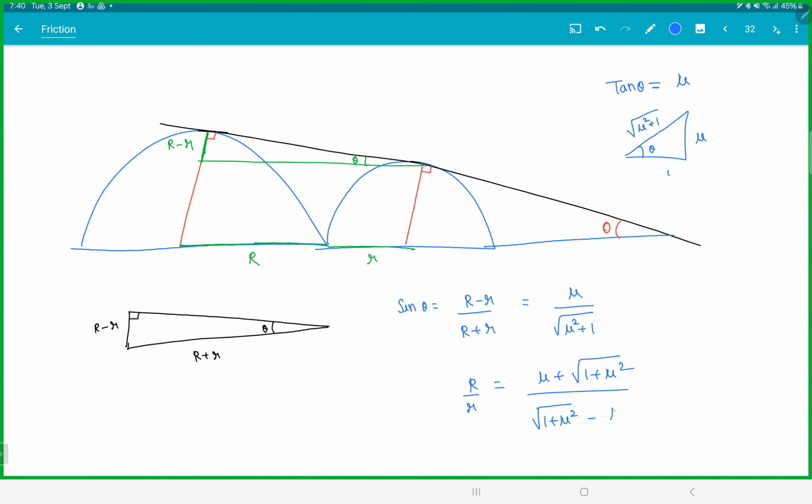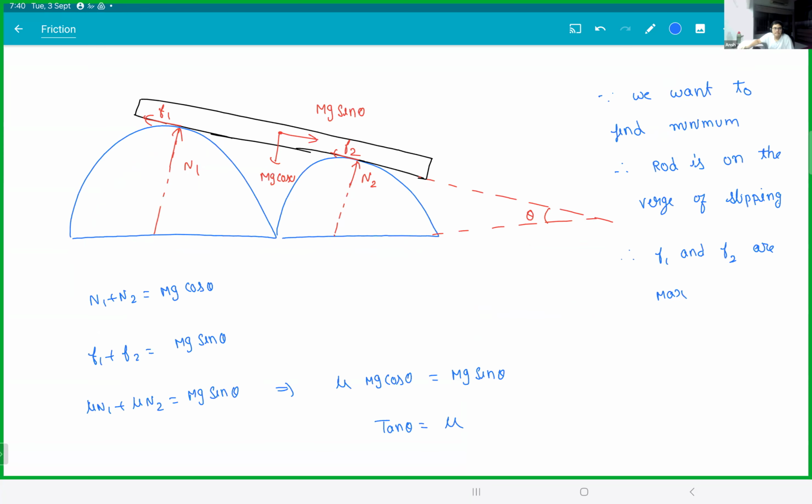Sorry, minus mu will come. Okay, fine. Something like this you will get. You guys just verify. Clear with this? Easy, right? It was not tough, but you should know.